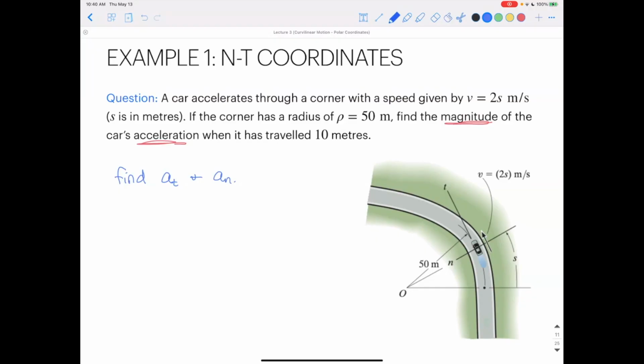If we want to find AT, we need to find the time derivative of our velocity. And if we want to find AN, we need to find our speed squared divided by our radius of curvature at the point that we care about. So this is when s equals 10 meters.